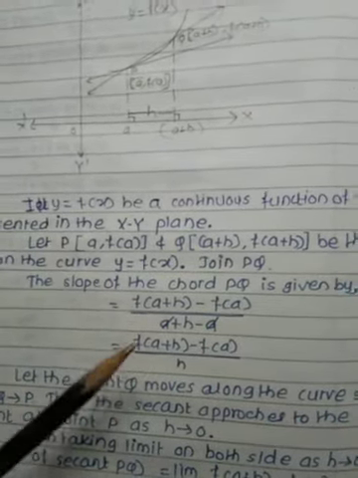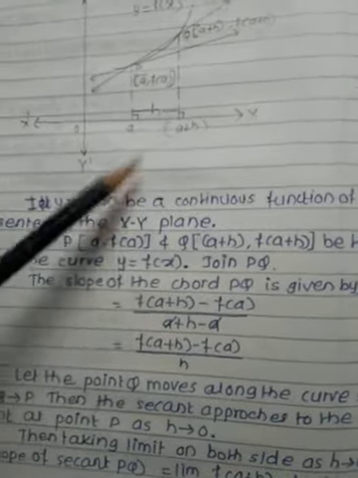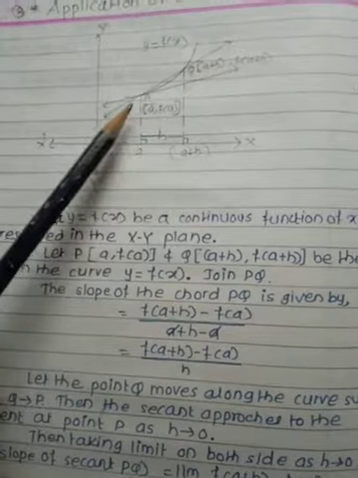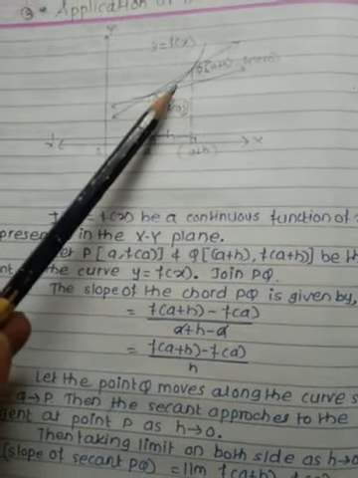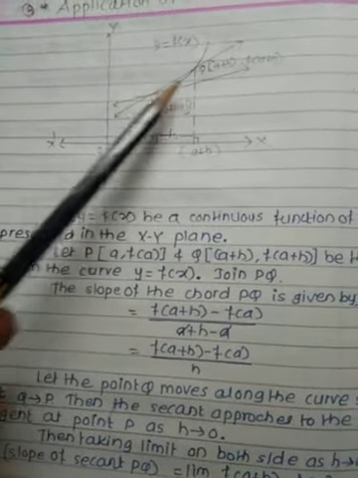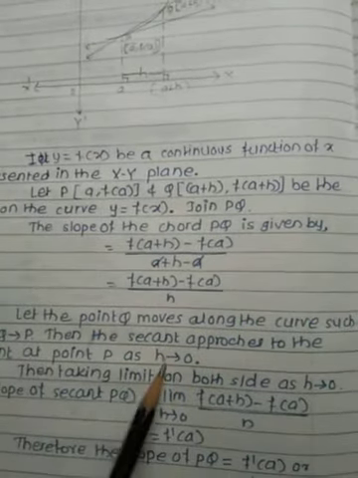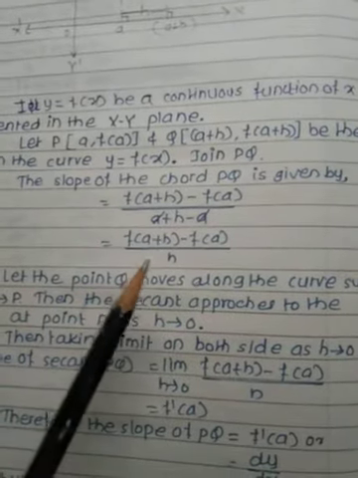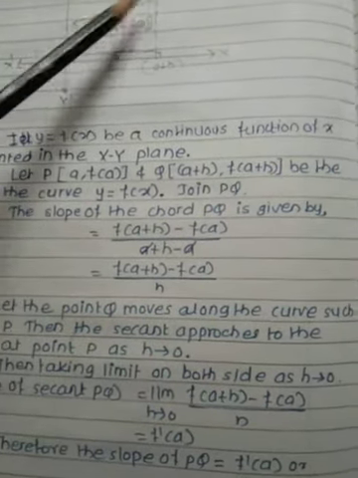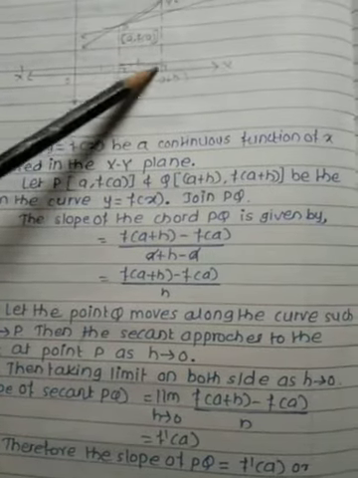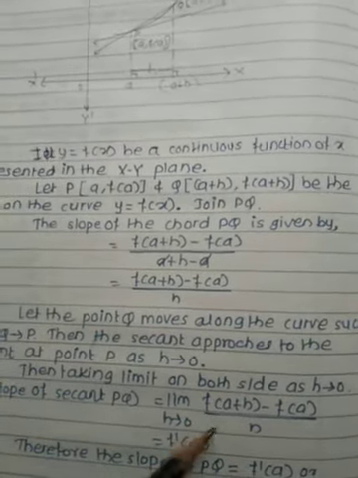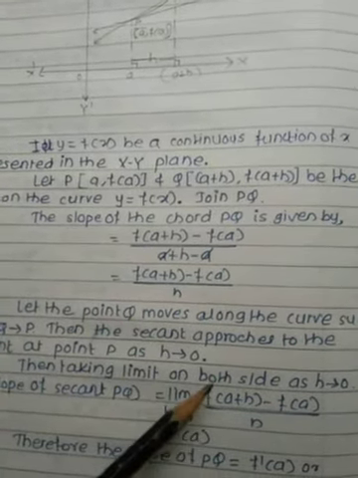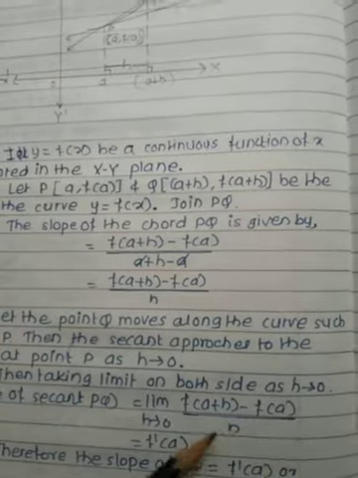Now this is the slope of the secant pq, but q is approaching towards p, so we have to take the limit as q tends to p. The distance decreases towards 0, so h tends to 0. So we take the limit as h tends to 0 of f of a plus h minus f of a divided by h.